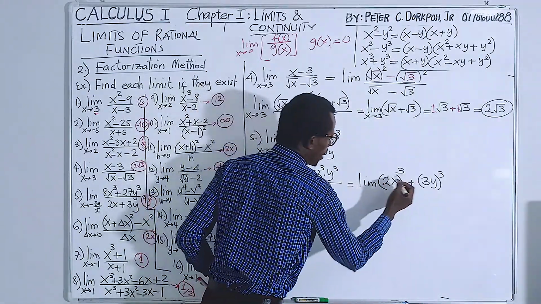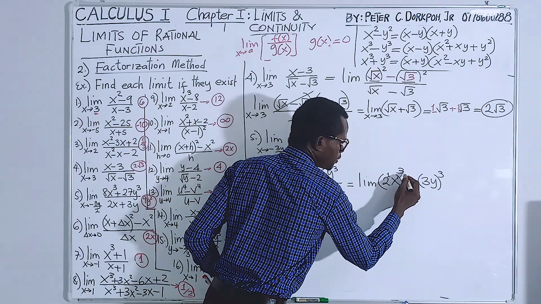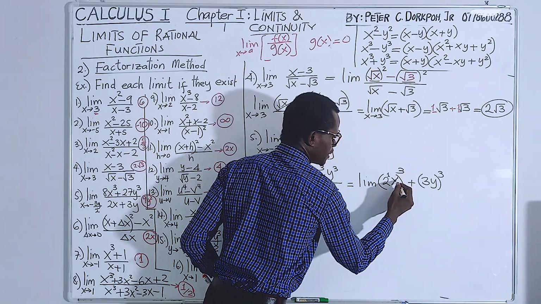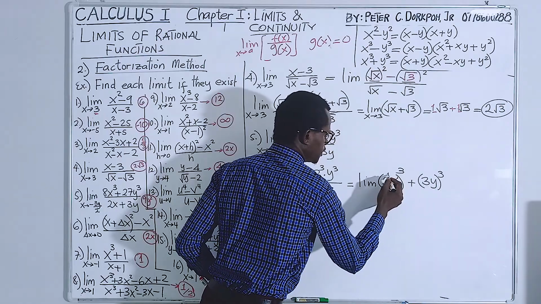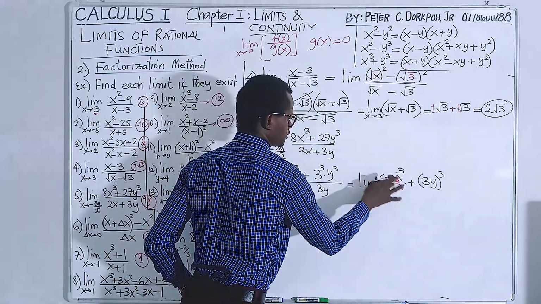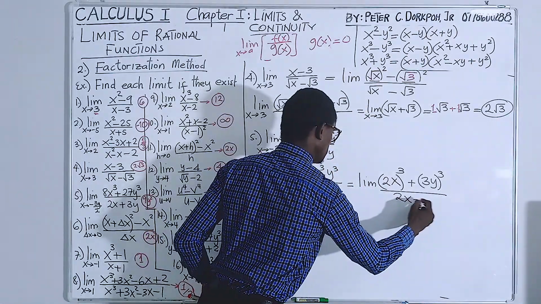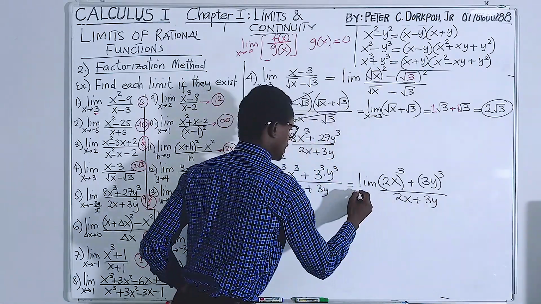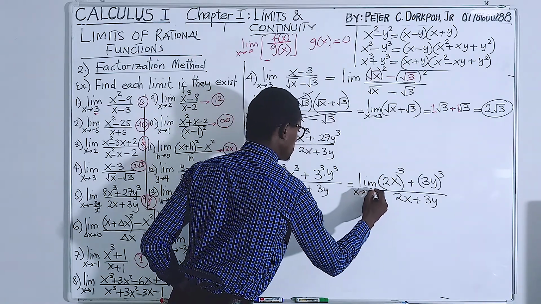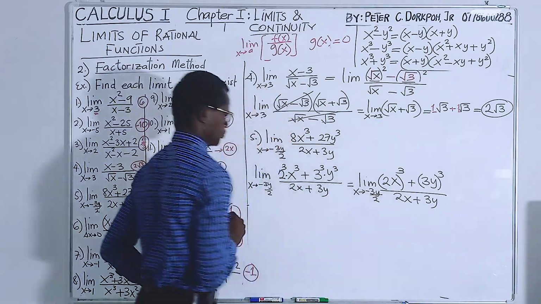Because of the power to power rule, the power here is 1, and the power here is 1. You just say 1 times 3 is 3, so it will be x cubed, and 1 times 3 is also 3, so it will be y to the third power. It's still the same. Divided by 2x plus 3y, as x is approaching minus 3y all over 2.